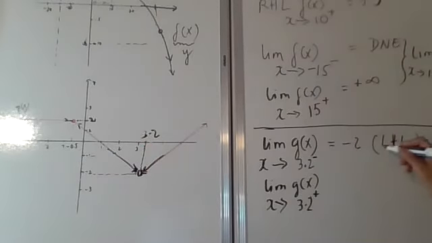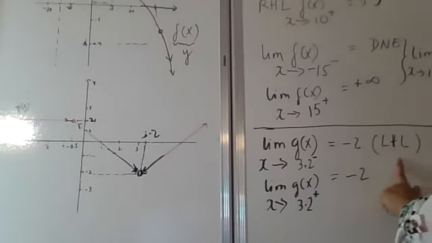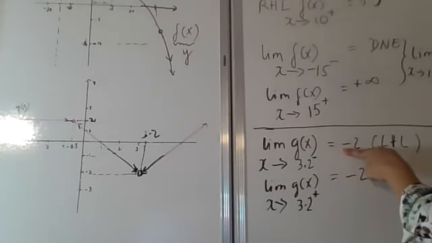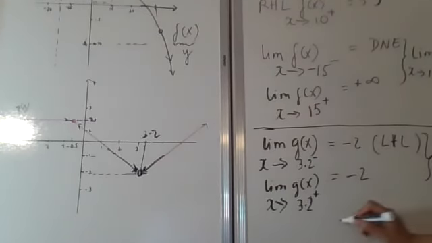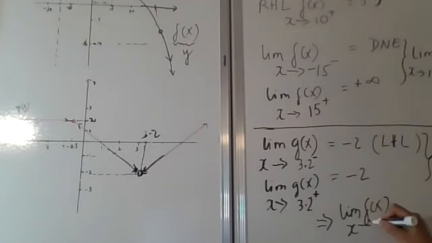So on the right-hand side, it gets to minus 2. On the left-hand side, the function approaches minus 2. On the right-hand side, the function also approaches minus 2. Therefore, we conclude that the limit of g of x, when x approaches 3.2, equals minus 2.